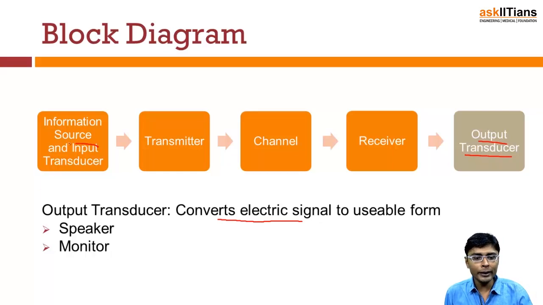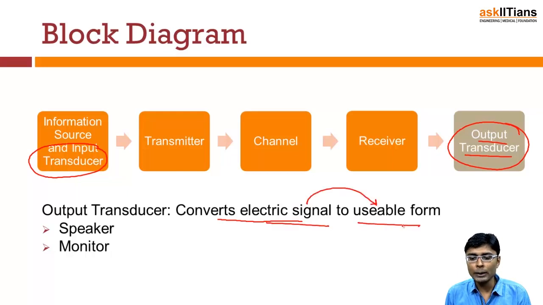The system first converts that signal into its electrical form, but the person who wants to receive it will not understand the message in electrical form. He wants the message to be in audio or voice form. That function is done by the output transducer, which converts the electrical signal into usable form.